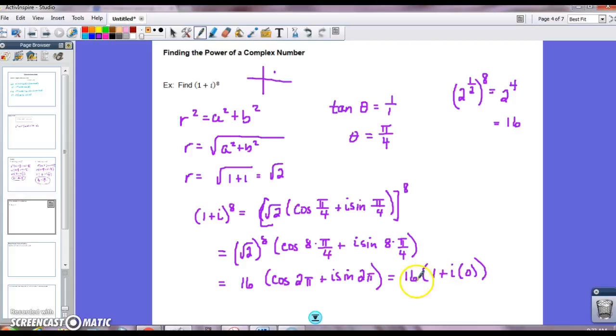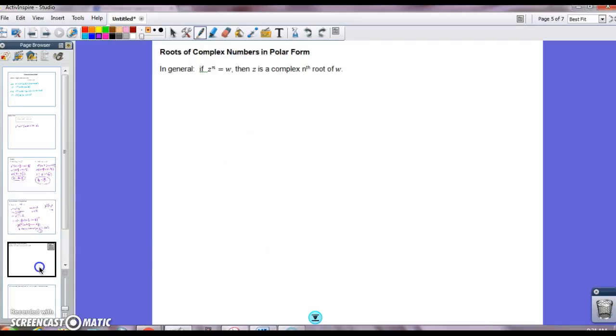So that would be 0i. So you end up with just 16 as your final answer for that one. Okay, so when you're in rectangular form, you got to convert it into polar form before you can apply de Moivre's theorem.